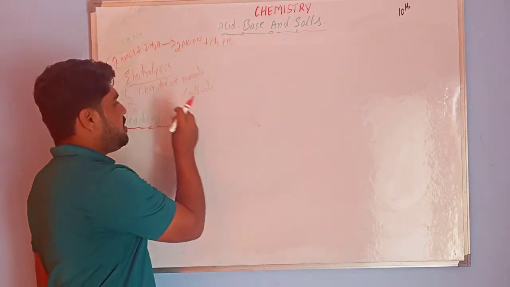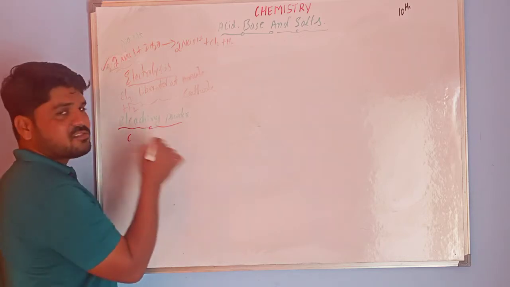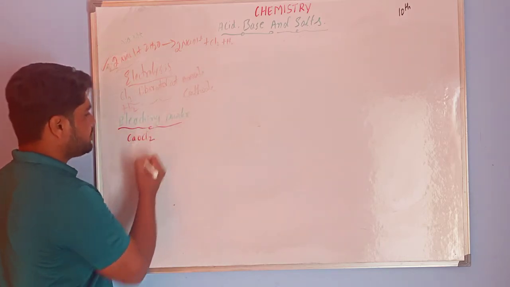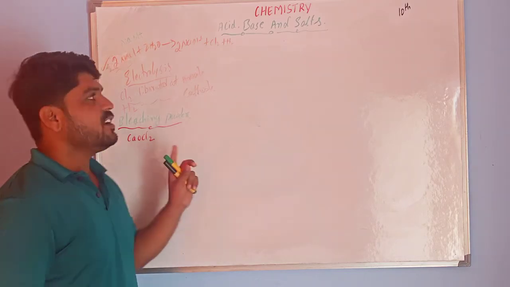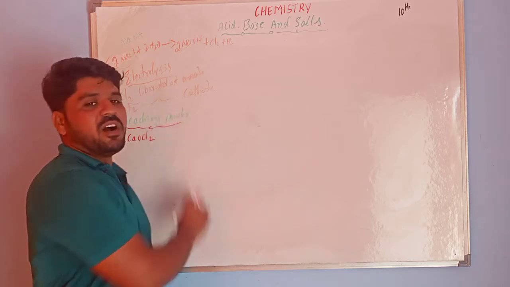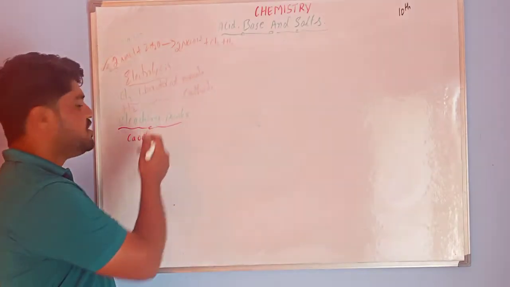The next is bleaching powder. The chemical name of bleaching powder is calcium oxychloride. The chemical formula is CaOCl2. So how can you obtain bleaching powder?